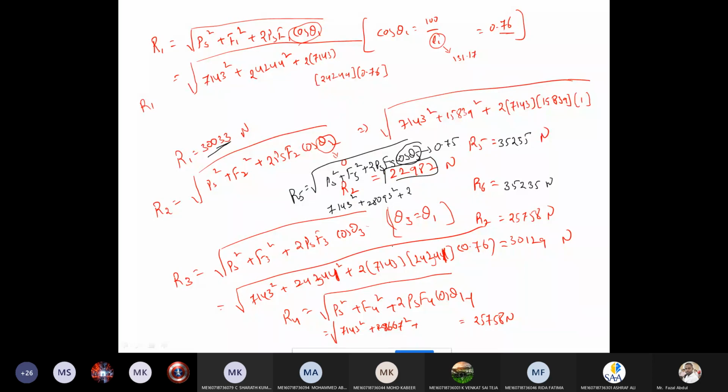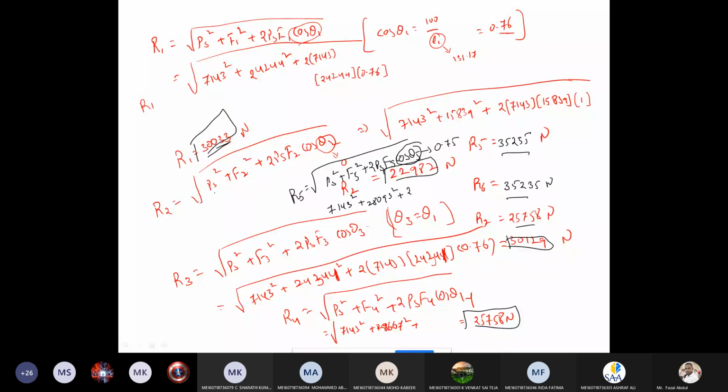Again, R3 value is 3129, and R4 value, where is R4? Here it is. R5, this is the one. R6, R7. So among all the values, which one is the maximum value? 7 R values we calculated.